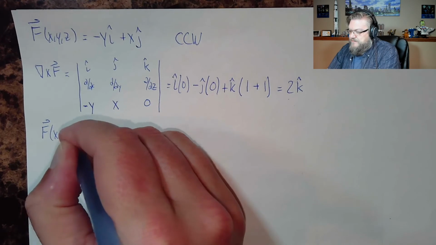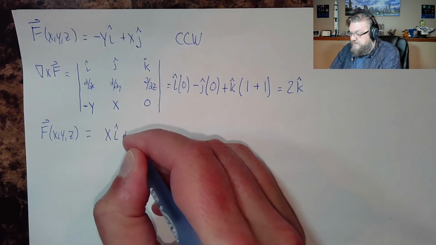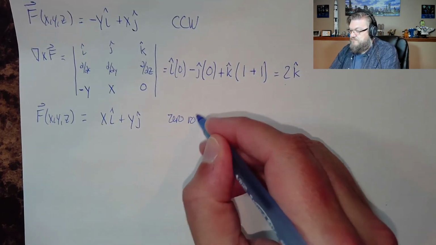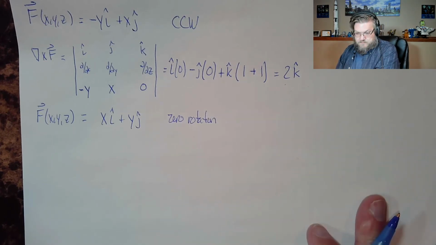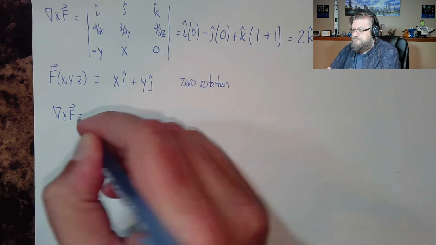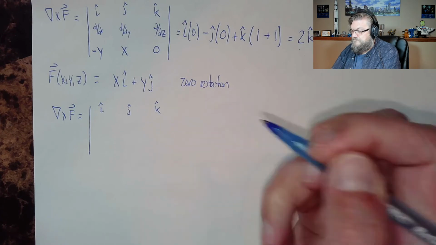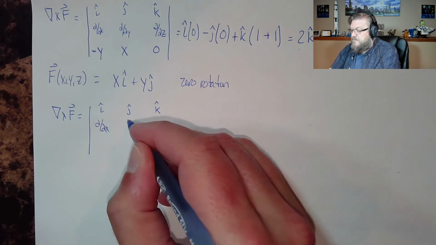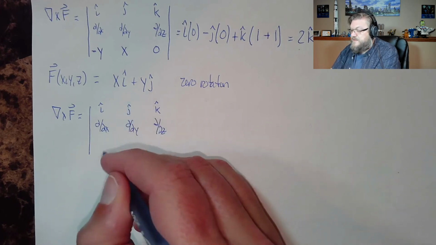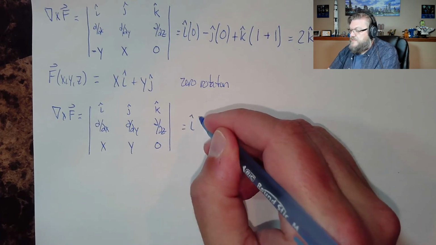For our last one, this one we got was irrotational, right? We got 0 rotation out of it. Let's see if the curl confirms. This one was 0 rotation. I calculate the curl. Let's see, x, y, 0. Going ahead and do that quick.